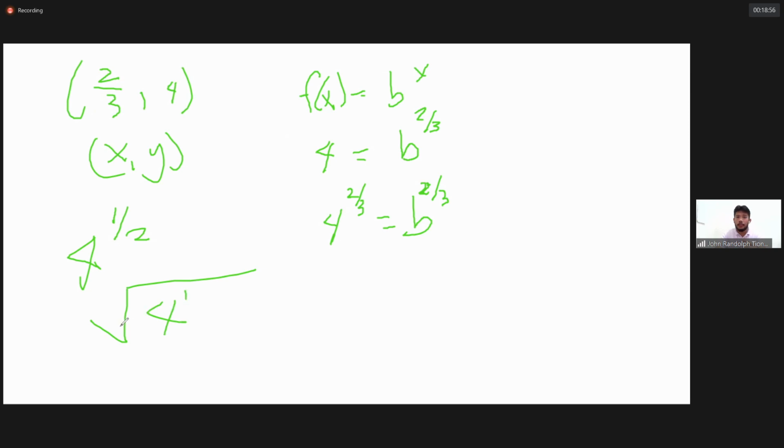So 4 to the power of 2/3: the 4 goes inside the radical sign, the 3, the denominator, goes outside, and the 2, the numerator, goes inside. So it's reversed. 4 to the power of 2 is 16. Oops, the 2 outside. Is it 2/3 that is written here? Yeah.